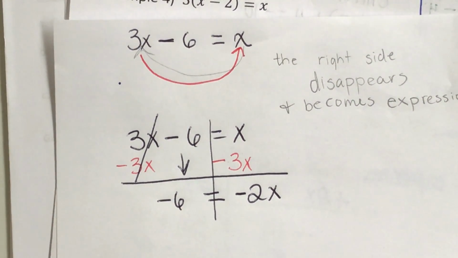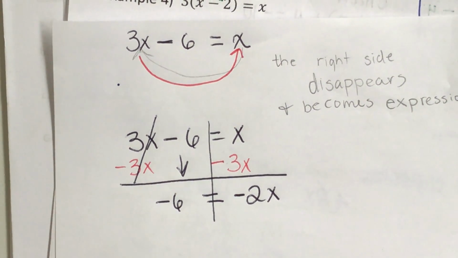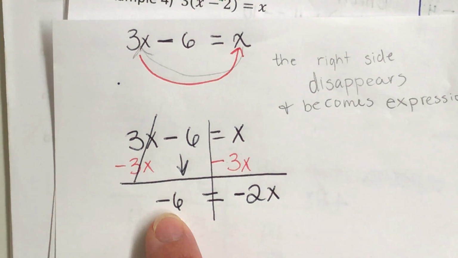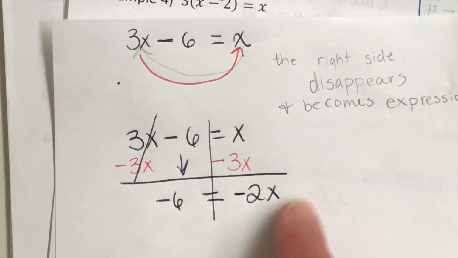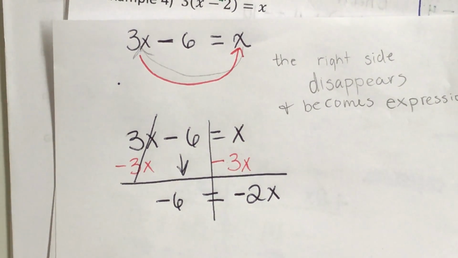So now we've got the variables on the same side. So now constants together. Do I have to worry about that? I've got the constant here. I don't have any constants over here, so I don't have to worry about step 4. So I'm going to skip that step. And so my last step is to undo multiplication or division.